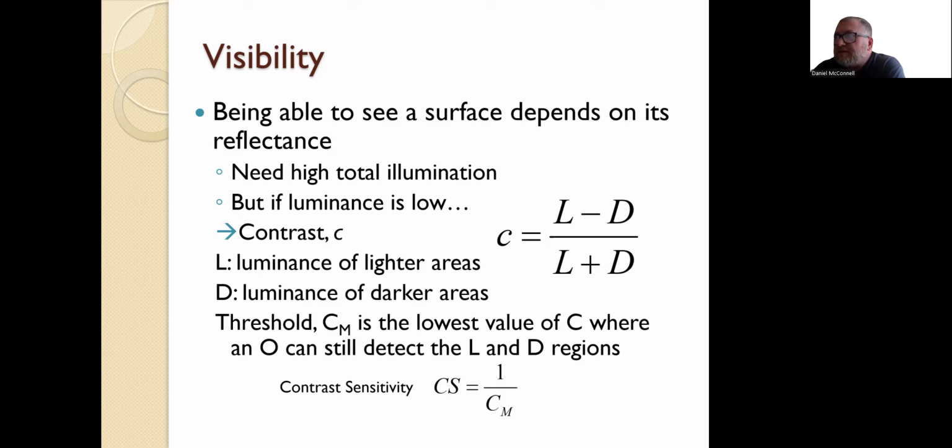And D is the luminance of the dark areas, such as the black letters on the screen. And so when we look at L minus D in the numerator here, what we're essentially doing is taking a difference, right? What is the actual luminance difference between the light and the dark?